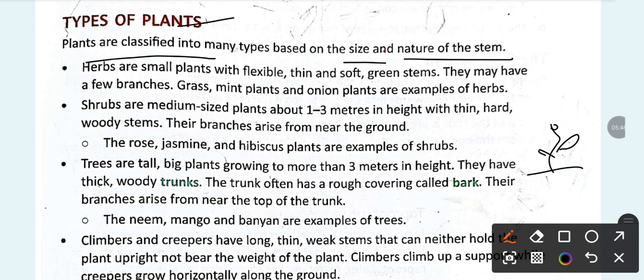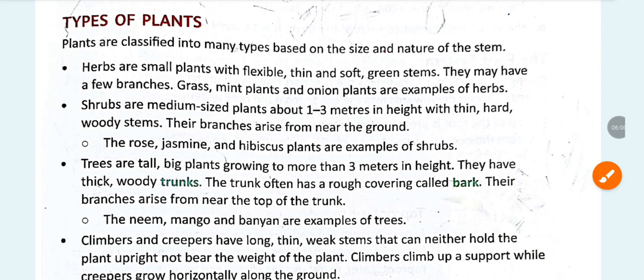Or some herbs may be longer than that, just like banana. Banana is classified as a herb because of its characteristics, but it can reach the height of shrubs.